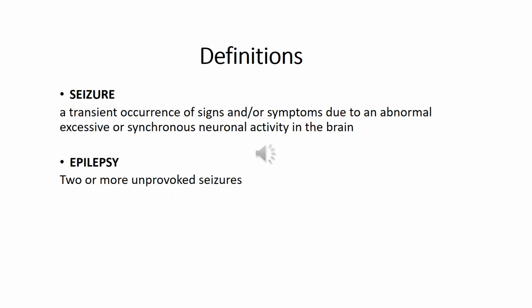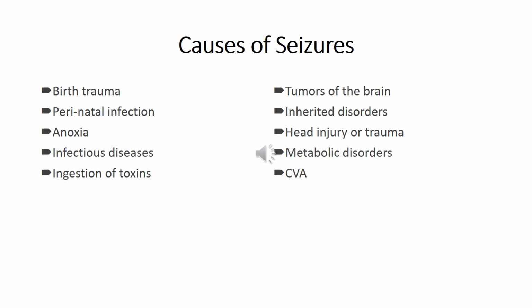A seizure can be defined as a transient occurrence of signs and/or symptoms due to abnormal, excessive, or synchronous neuronal activity in the brain. Epilepsy is the occurrence of two or more unprovoked seizures. There are many reasons a seizure can occur.